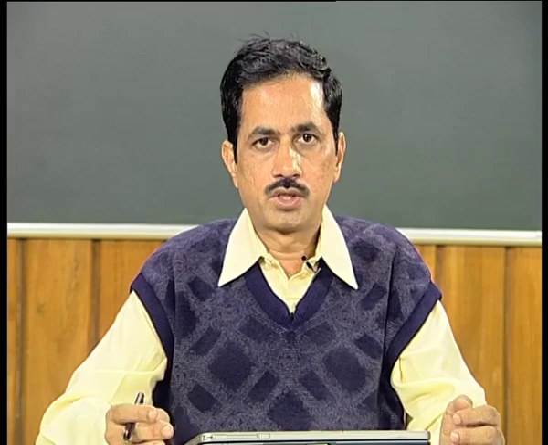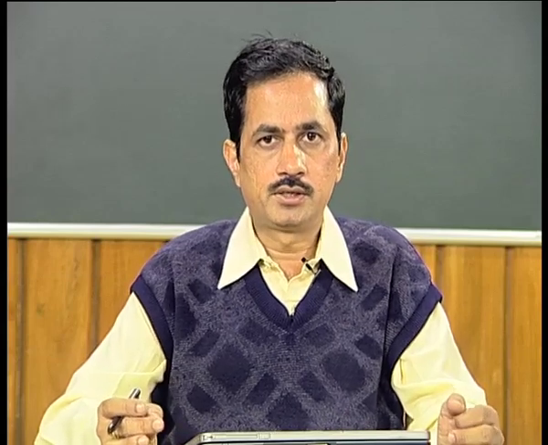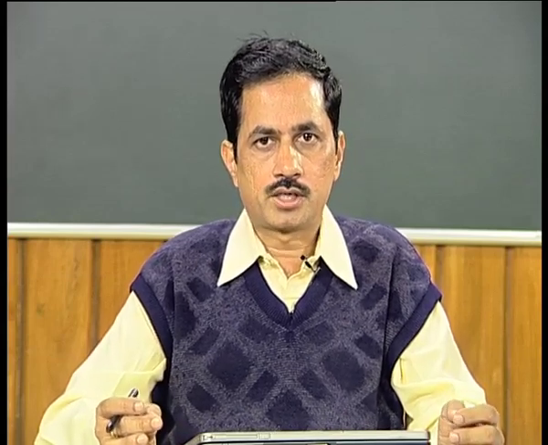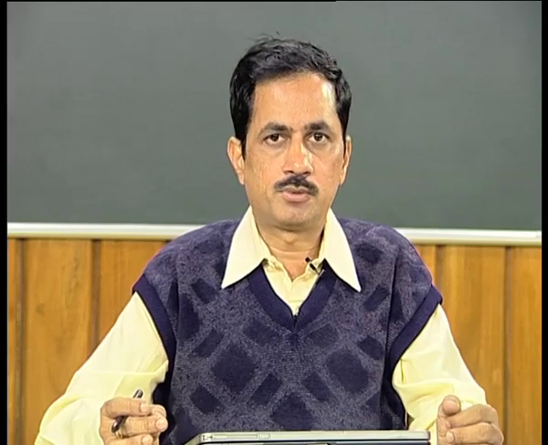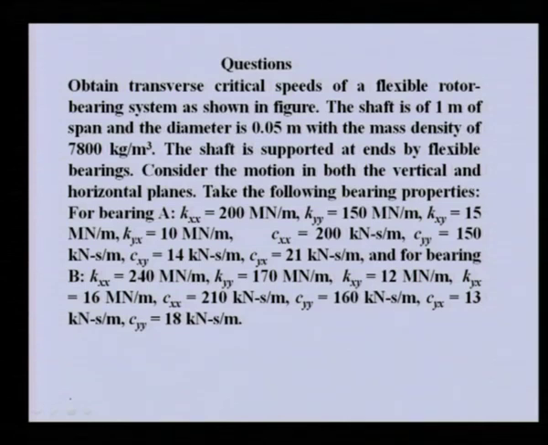Through one numerical example, we will try to see how the flexibility of the shaft and bearing, if it is there, can be analyzed to get the unbalanced response of a disc. This particular example is similar to what we did in the previous lecture. Now, we are considering the flexibility of the shaft also.